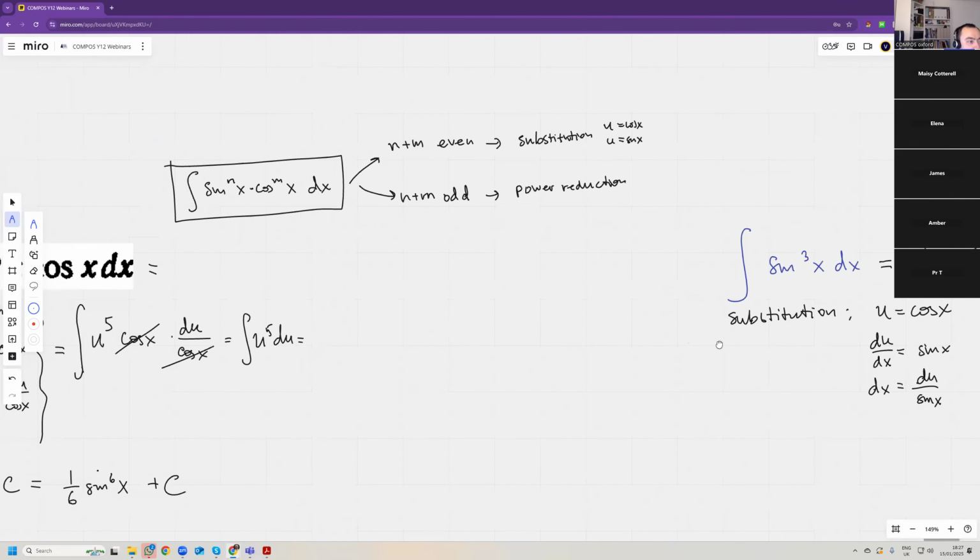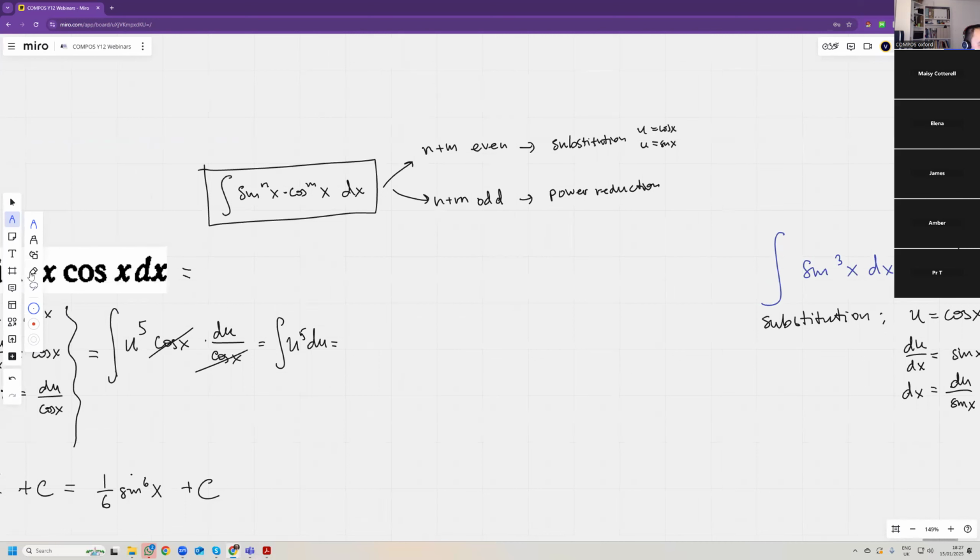So let's modify this rule. For the integral of sine to the power n x dx, or the integral of cos to the power n x dx, if n is odd, it's substitution.